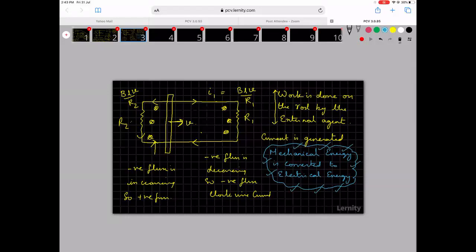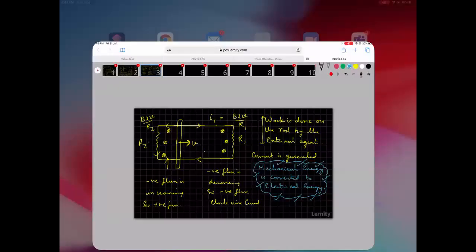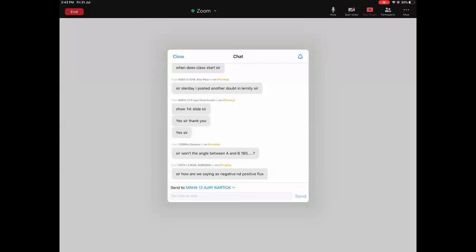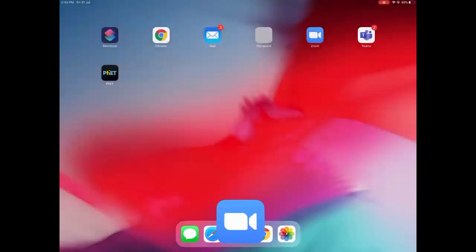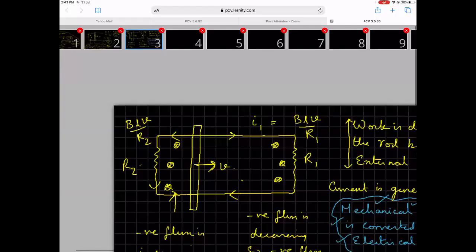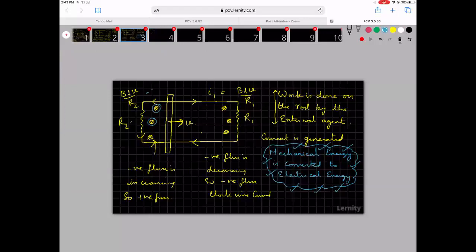Magnetic field inside is negative. Flux is B into area. So B is the same.